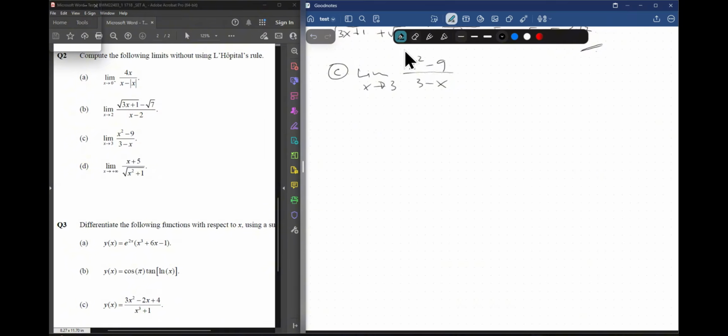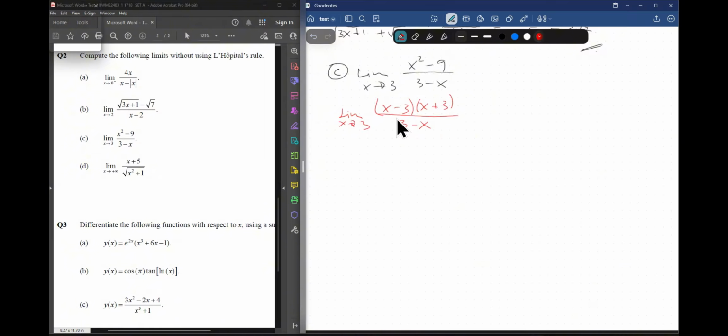In this case, we simplify the question first. Limit, x squared minus 9 is the same as x minus 3 multiplied by x plus 3, all over 3 minus x.